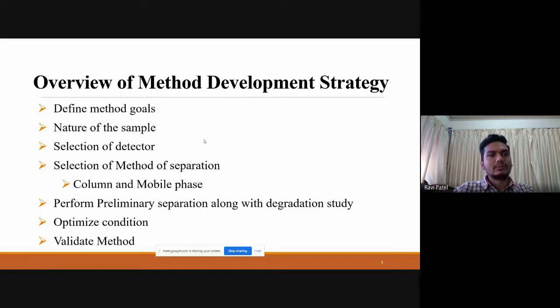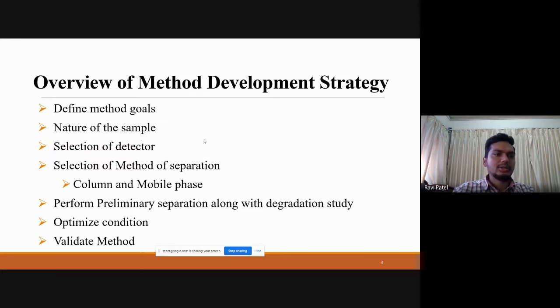Then, what is the pKa of that particular compound? What is the solubility of that compound? What is the UV lambda max of that compound? Stability. This type of information we have to gather before starting method development.